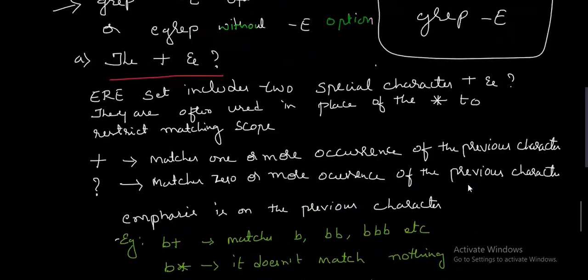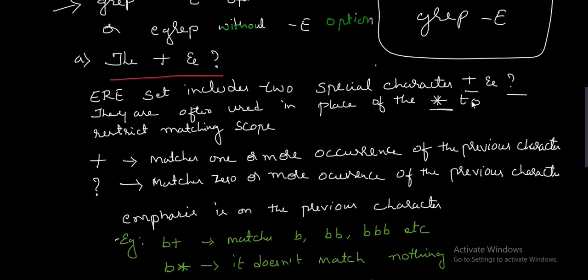In this case, I am taking two operators, plus and question mark. What exactly does each of these indicate? In extended regular expression, the set includes two special characters: one is plus and the other is question mark. They are often used in place of asterisk to restrict the matching pattern or matching scope.